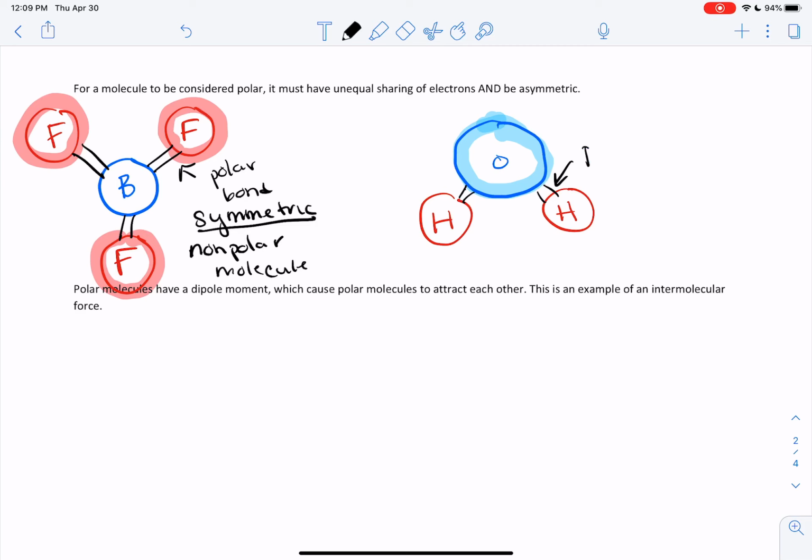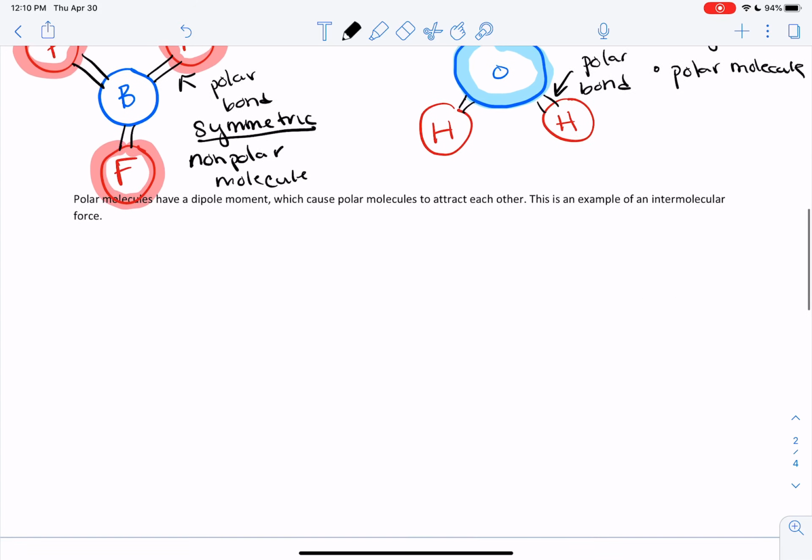So this has a polar bond, and it's asymmetric. So as a result, this is a polar molecule. Okay, so you need to check whether it's symmetric. Symmetric meaning that even though there are atoms that are more electronegative than others, they are spread out equally around the molecule, whereas this, the more electronegative atoms are on one side of the molecule.